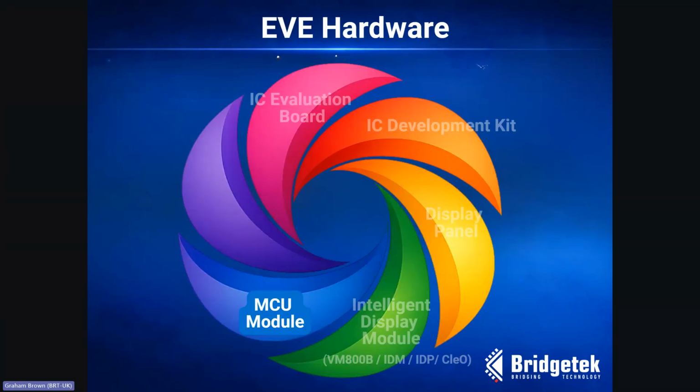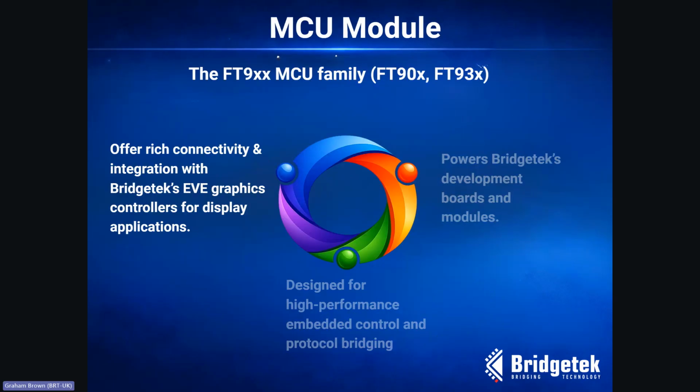Moving on, we have some MCU products that Bridgetek also offers. MCU products are the perfect solution for integration with our EVE-based development boards. The FT90X and FT93X series of MCUs power many of the development boards and modules we have previously covered.